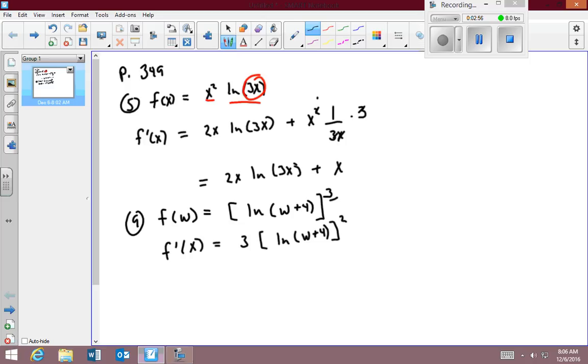And then it's what's inside there, so it's times 1 over w plus 4. The derivative of ln of w plus 4 is 1 over that. And then it's the derivative of what's inside, and that's just 1. So probably write it like this.